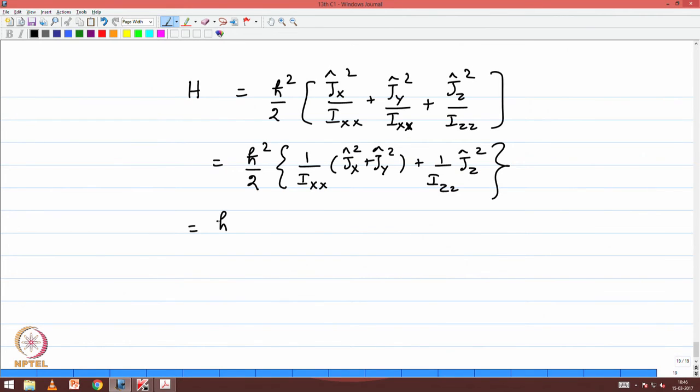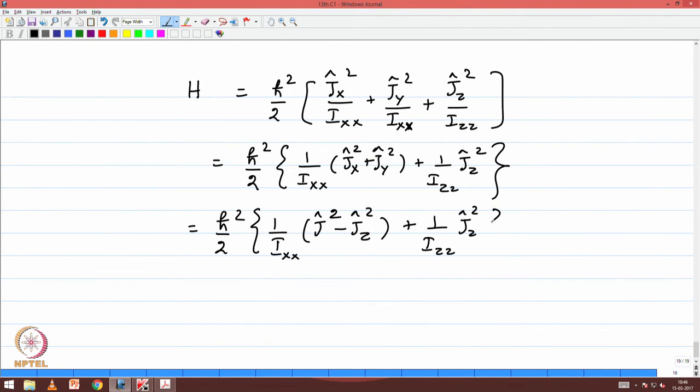And so what you see here is that the Hamiltonian written in the form of 1 by I_xx times the overall angular momentum J squared minus J_z squared plus 1 by I_zz J_z squared, and therefore if we rewrite this, we have h bar squared by 2, B (J squared minus J_z squared) plus (A minus B) J_z squared.